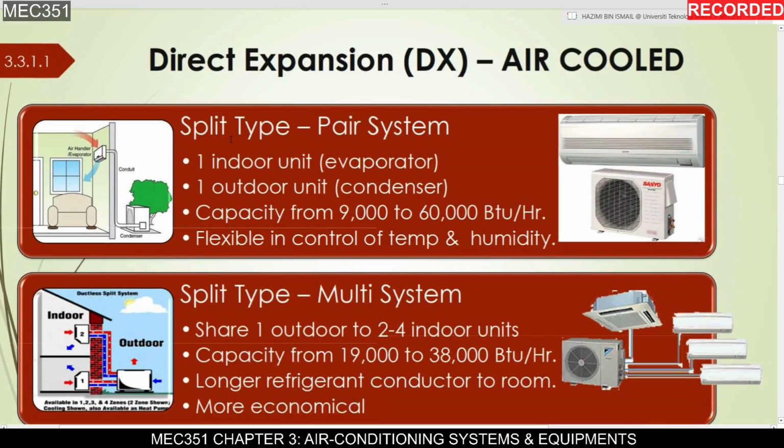And this one is the split type. This is the normal and simple type that we use in our house. Okay, the capacity can be from 9,000 until 60,000 BTU per hour.